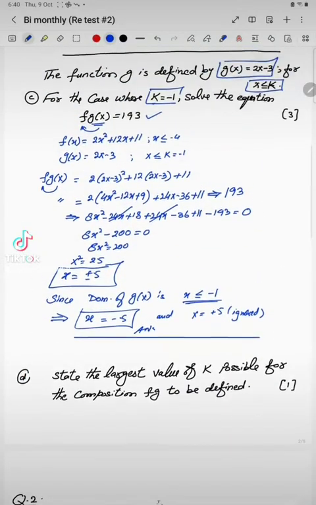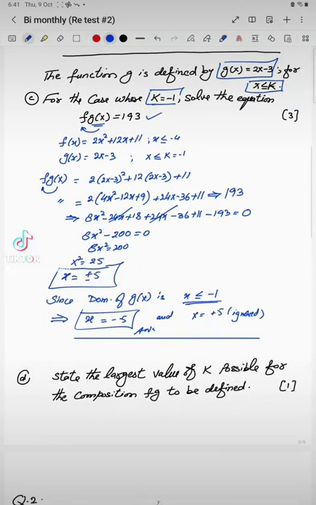Okay, now it's the D part of the same question. State the largest value of k possible for the composite function fg to be defined. Largest value of k. Here, as you can see in the above, we did the fg function.